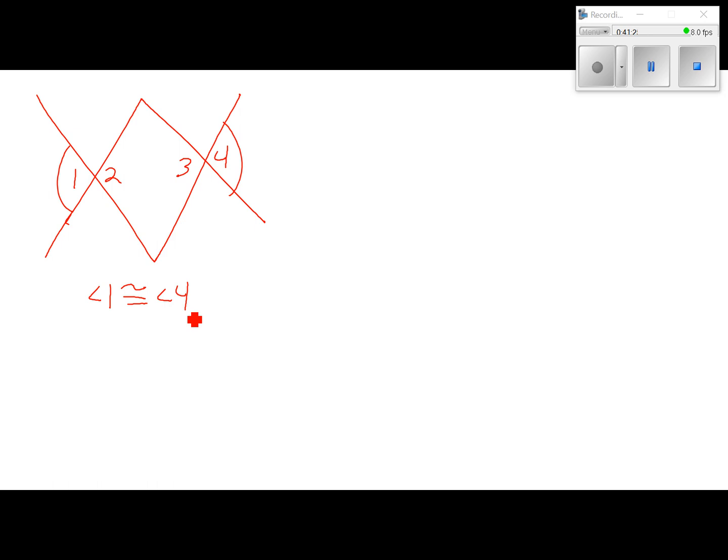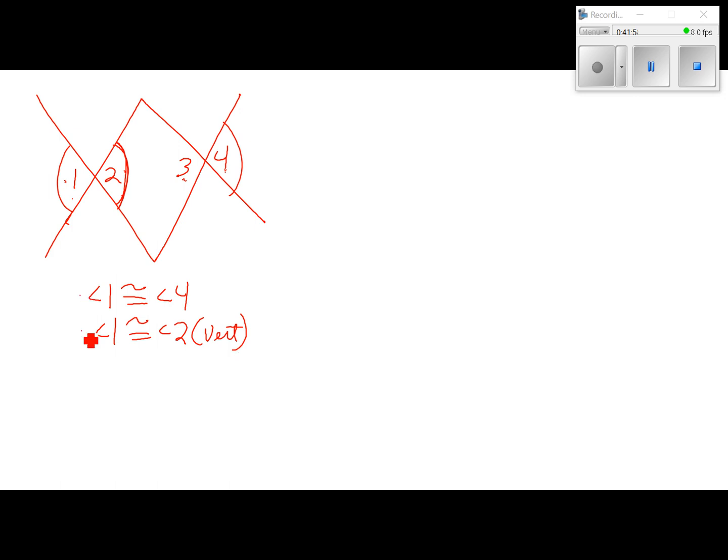Well, something that we know from this right away is that angle 1 and angle 2 are vertical angles, so they also have to be congruent, so I could mark it the same. We also know angle 3 and angle 4 are vertical angles, so they have to be congruent. The thing about this certain problem is we don't need to know anything about angle 3. They didn't really ask us. So we know angle 1 and angle 2 are congruent, so I'm going to write that down. And that's because they were vertical angles, and we had a theorem that said vertical angles must be congruent.